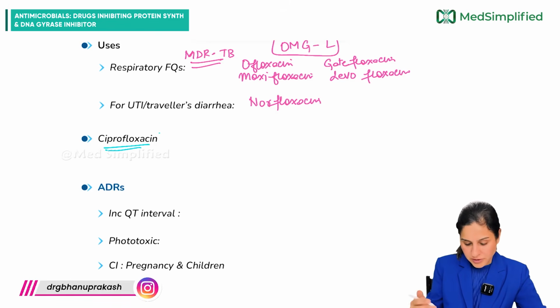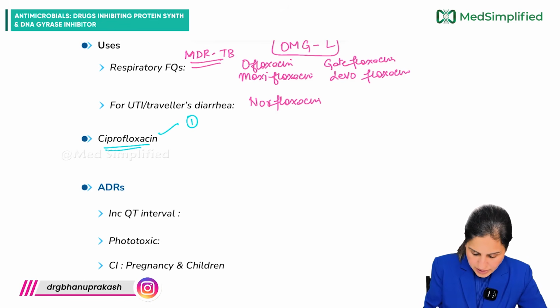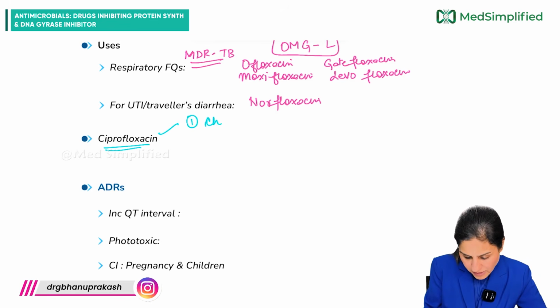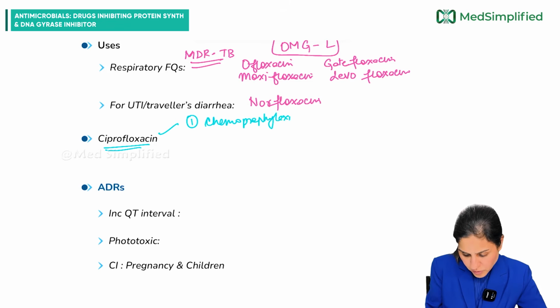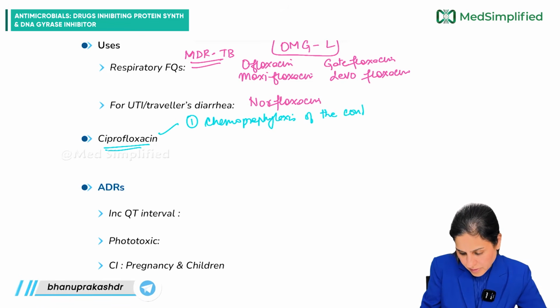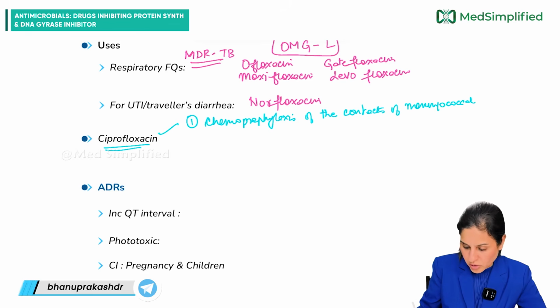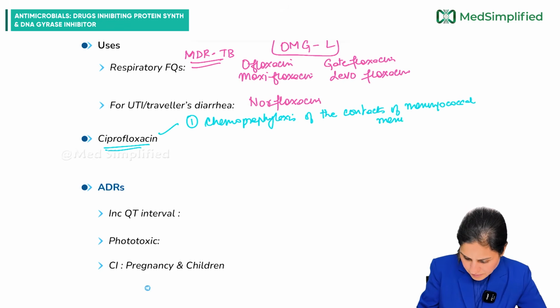Now, ciprofloxacin is a very important fluoroquinolone. It is used in a variety of conditions. Number one, it is used for chemoprophylaxis of the contacts of meningococcal meningitis.